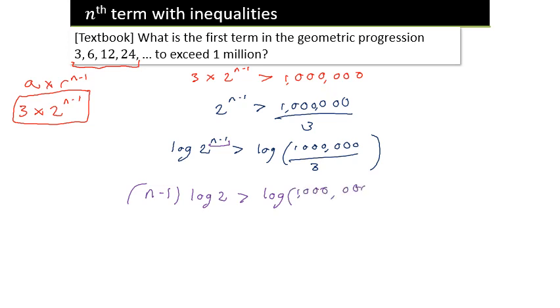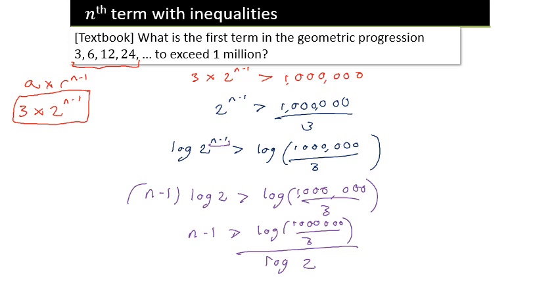Now it looks like that. We can divide both sides by log 2. So we get n minus 1 is greater than log 1 million over 3, all over log 2. I would probably input that into my calculator now.